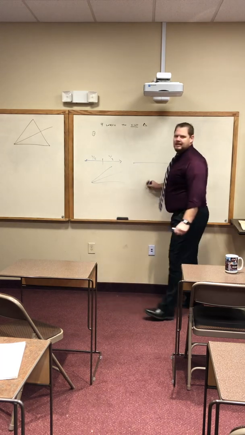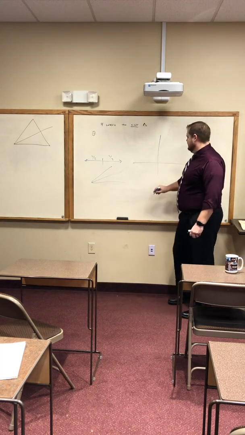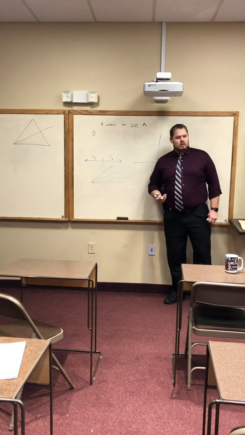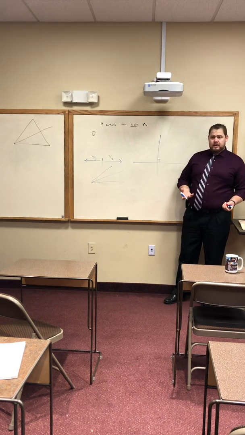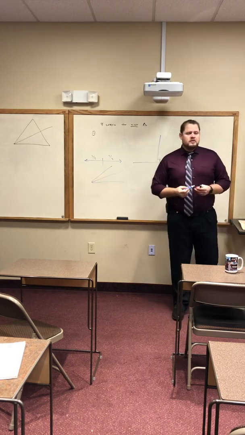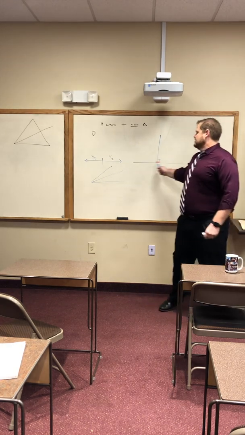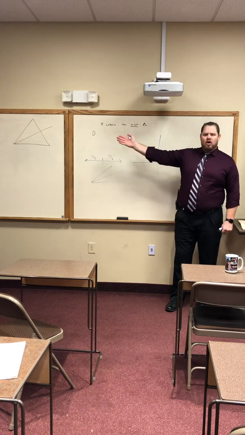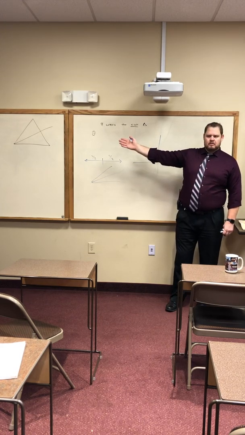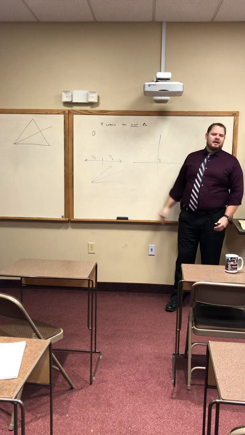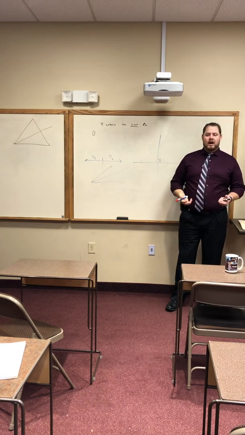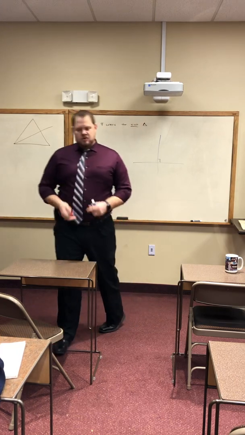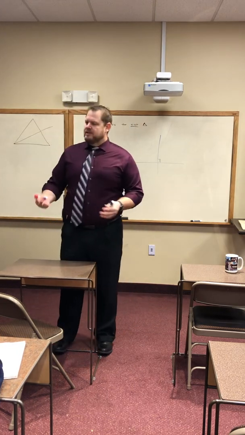If I have a line like this, and I draw something like this, what would this kind of line be called? Perpendicular, right? Would you agree? So here's the thing. These three right here are three of the ways that you could draw that line so you know how to cut a triangle with specific requirements. Like, for instance, if you take a pie and cut it, you have to have reasons for how you cut it.